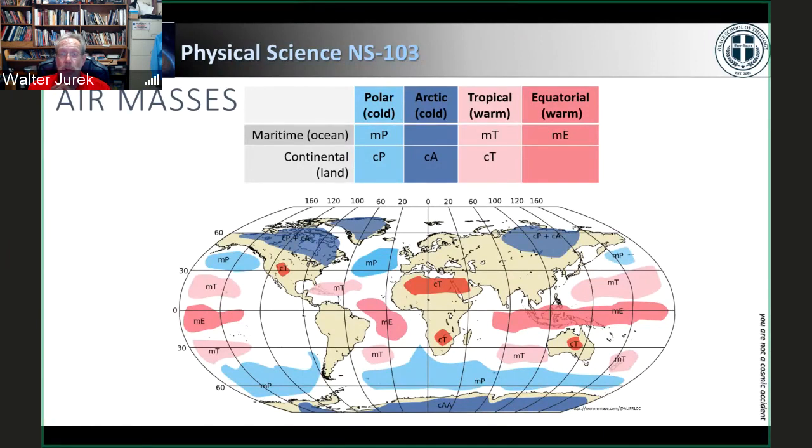We're going to use the word maritime for air masses that are over the ocean. And we'll use continental for air masses that are over the land.